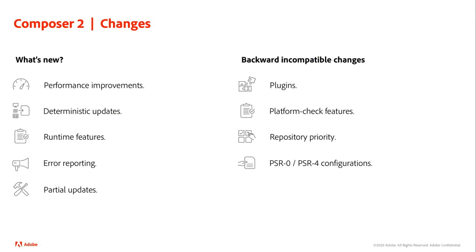The Composer team made changes to the architecture, changes to the protocol communication with Composer repositories, and significant changes in how Composer processes installations. A lot of changes resulted in at least 50% performance improvement for this tool, which is significant.